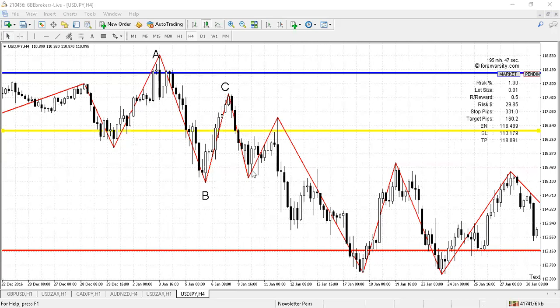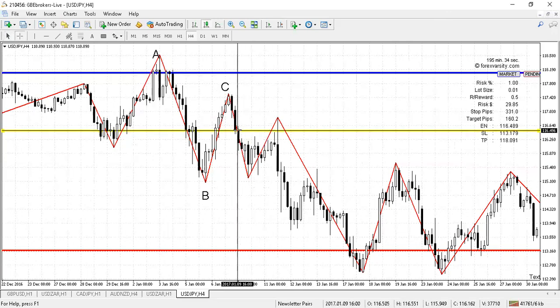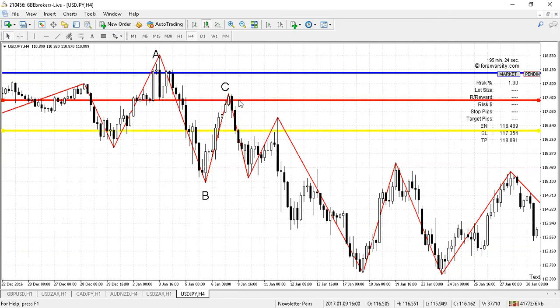Get your calculator, 209 times 0.4, it's 83.6, so 84 pips. And then you take your crosshair and you put your stop loss 84 pips above, which is about there. Yeah. Perfect.